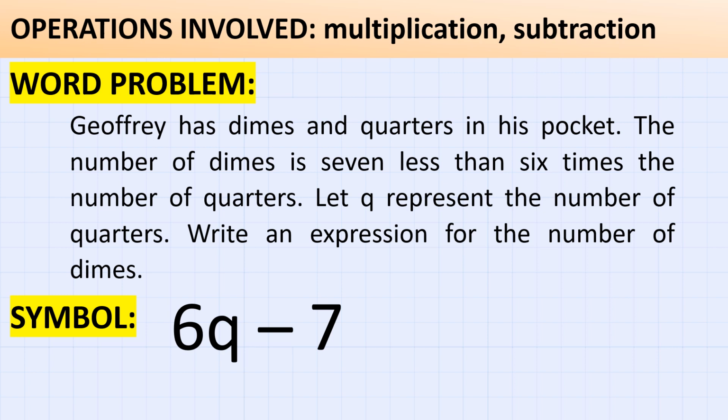Take note that we use q to represent the number of quarters. So 6 times the number of quarters is 6q, and then minus 7. That's how we translate 7 less than 6 times the number of quarters in symbols.